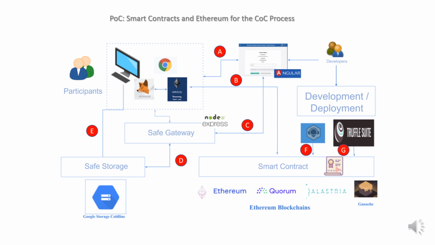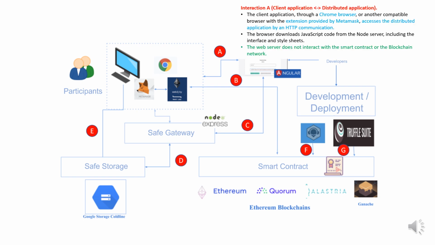So as proof of concept for the smart contracts and Ethereum for the chain of custody process, the prototype developed is as follows. So it highlighted the different interactions between the various elements. So for instance, in interaction A, interaction between client application and distributed application.